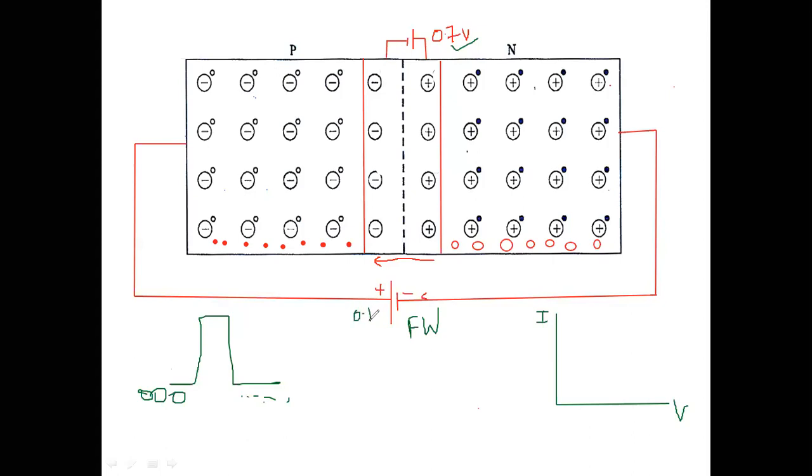Why? Because this excitation is insufficient to make transition of electrons and holes from p side to n side and n side to p side, since there is an internal potential barrier set up here which is 0.7 volts. So till 0.7 volts, I don't have much current.